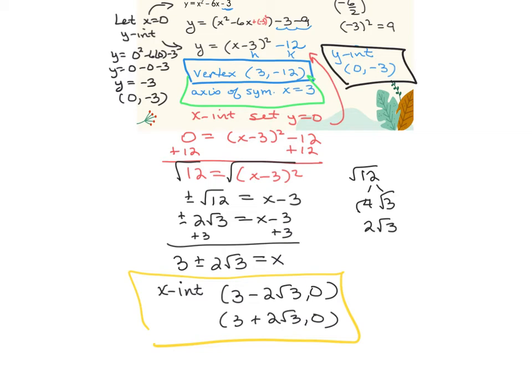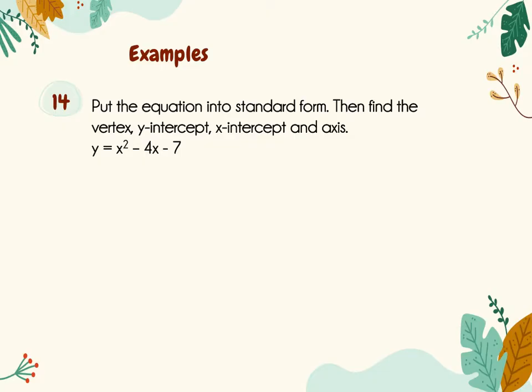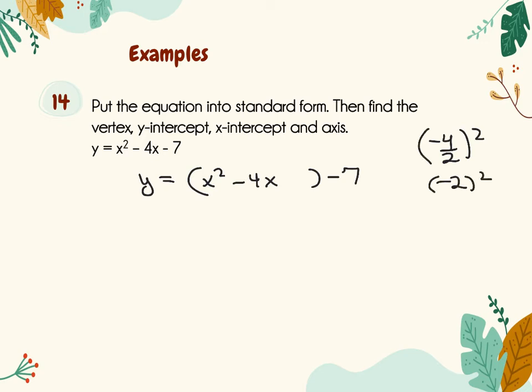Let's try another example. So again, same thing. I'm going to shift the constant away and leave a blank space for my perfect square trinomial that I'm about to make. I take the b term, divide it by 2, and square it. Negative 2 squared becomes positive 4.